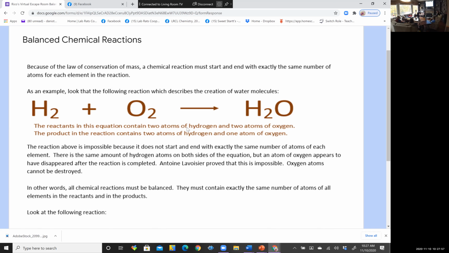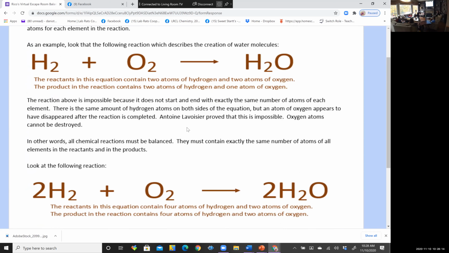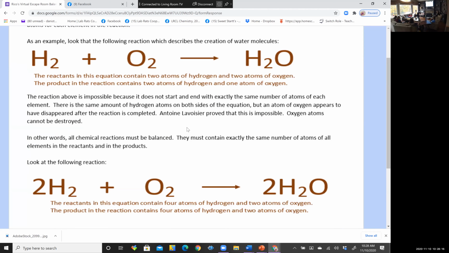The product contains 2 atoms of hydrogen and 1 atom of oxygen. So we have leftover oxygen. The reaction above is impossible because it does not start and end with exactly the same number of atoms of each element. There is the same amount of hydrogen, but the oxygen appears to have disappeared, right? We're missing an oxygen over here, aren't we? Correct, the bottom one.